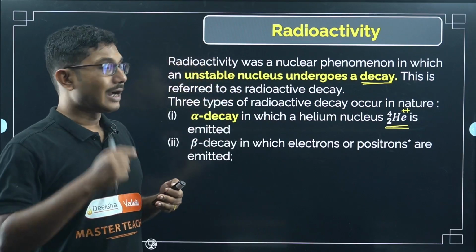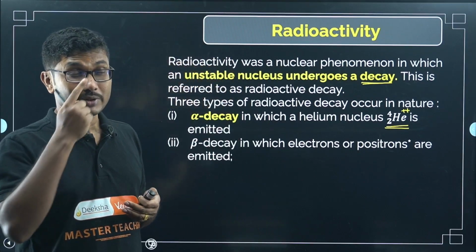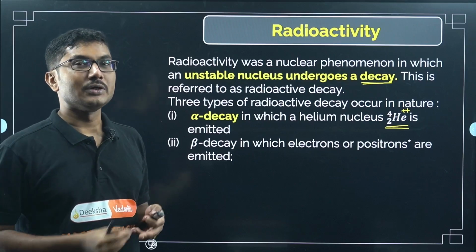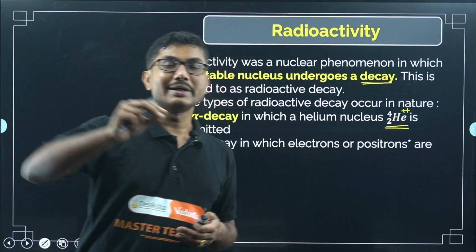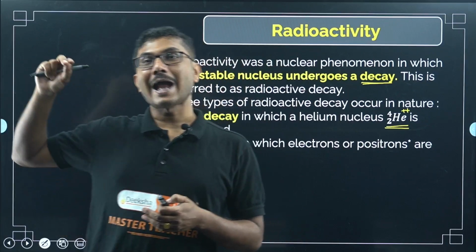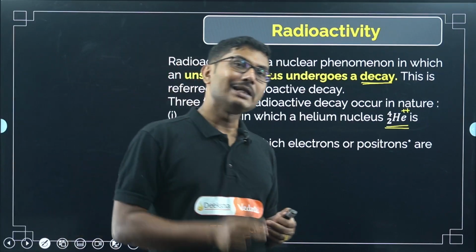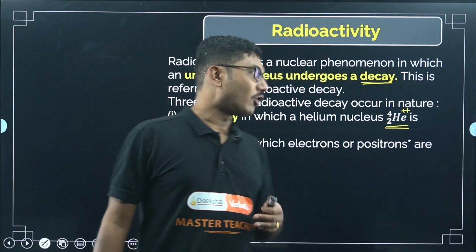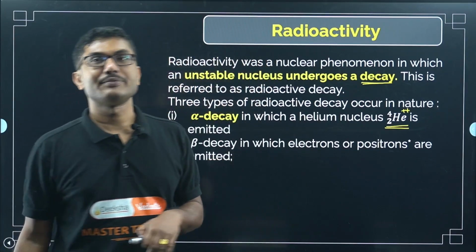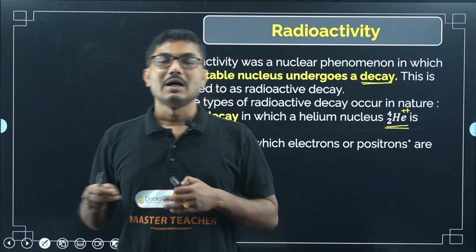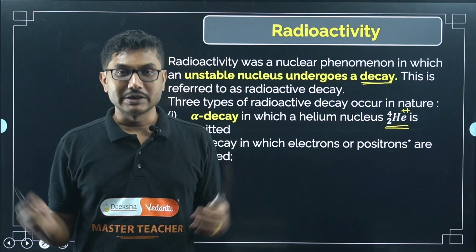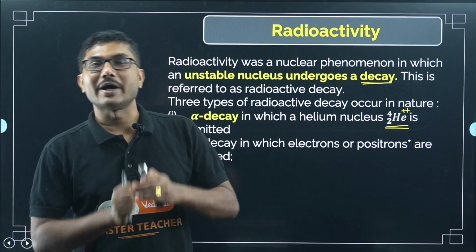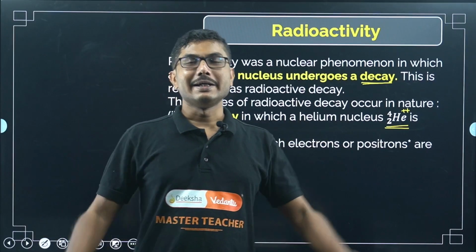As we have observed in the decay of a neutron, if you remember, yesterday I discussed that a neutron decays into a proton and an electron. That electron is emitted as a form of beta decay. Sometimes the nucleus is not able to withhold all the constituents inside it, and that is why it decays so that it becomes stable.